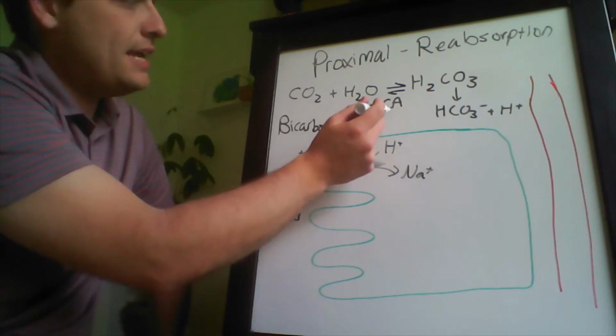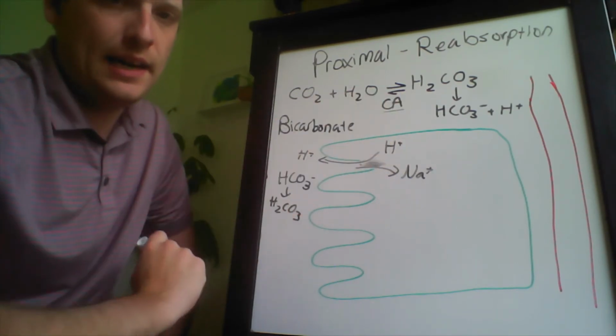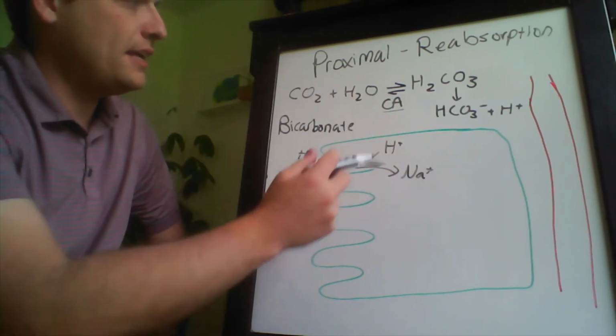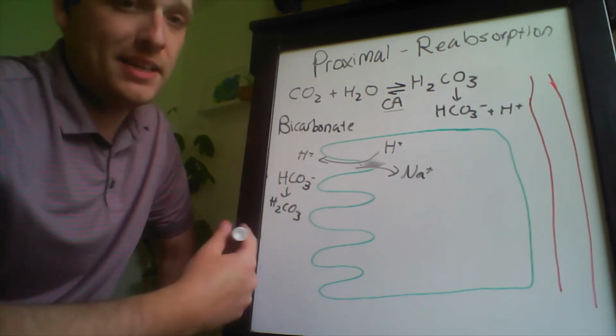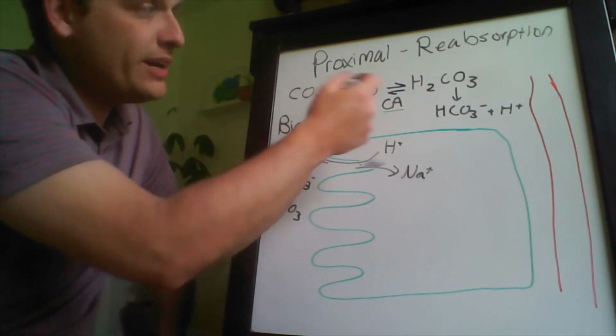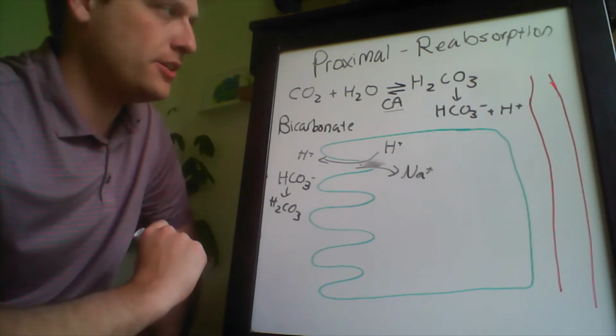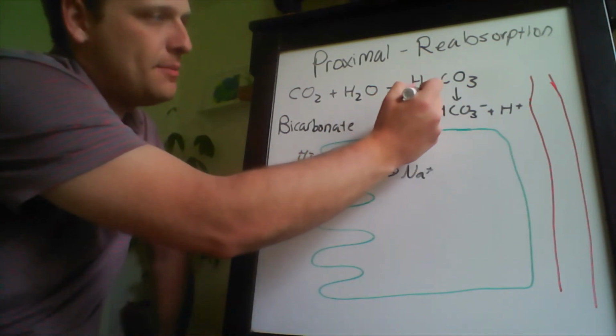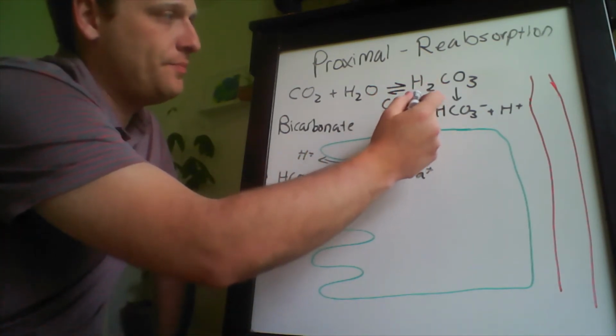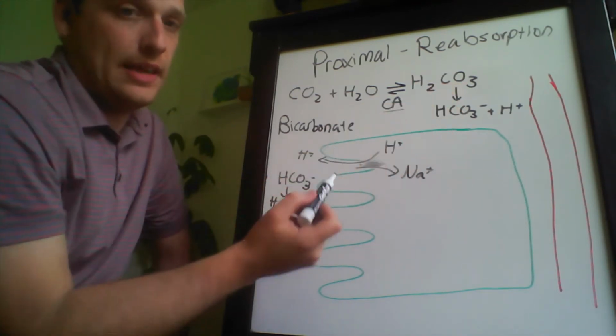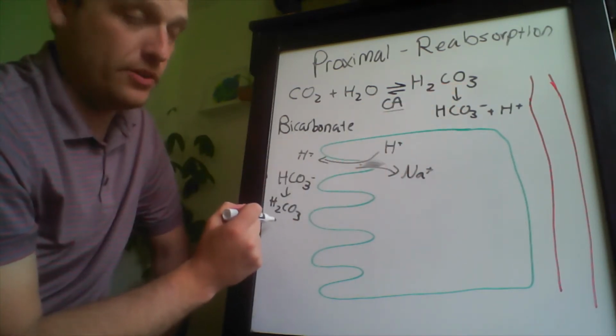There's an enzyme called carbonic anhydrase that catalyzes a reversible reaction. The substrate for this reaction is going to be H2CO3, that carbonic acid that we just formed out here.